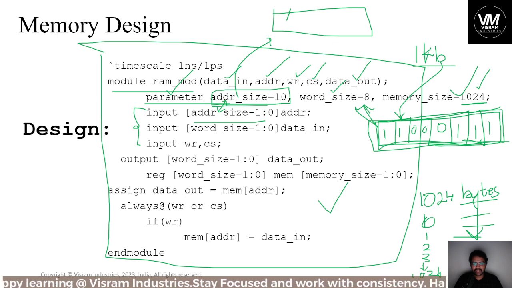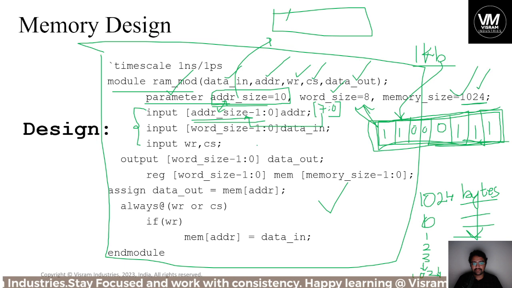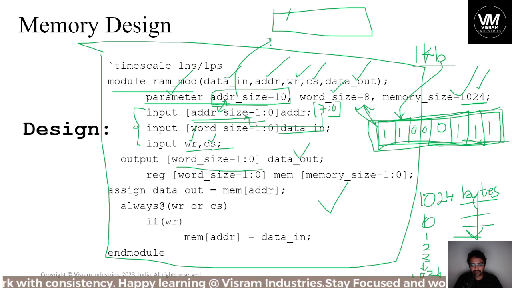You can see the bar. Earlier we used to write 7 colon 0, right? Now that 7 is represented like this. And data in, write and CS, chip select and write signal. Output, we are writing data out, output as data out, and register.